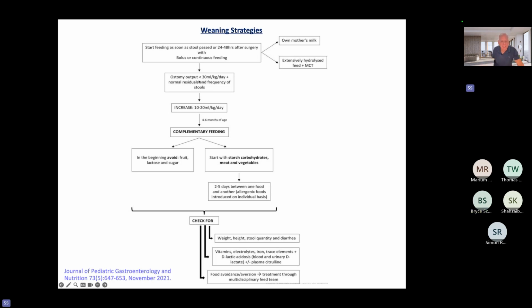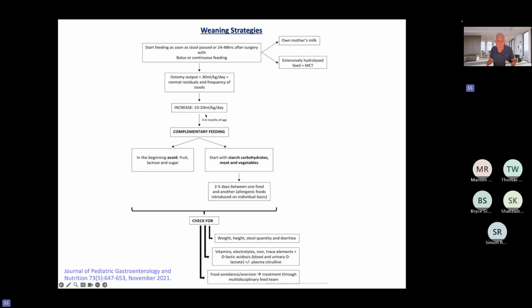If all of these patients are going to have ostomies, you're going to want to maintain the ostomy output at less than 30 milliliters per kilogram per day. And also, there should be normal residuals in the stomach and a normal frequency of stooling. And again, that is going to vary from patient to patient.